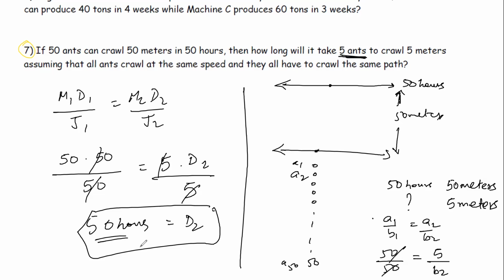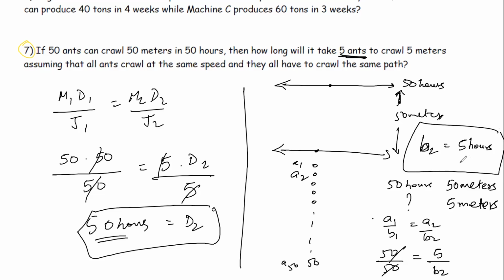So the first ant for 5 meters takes 5 hours, right? The answer is coming up to 5 hours. So that's for one ant, or for all 5 ants would take 5 hours.